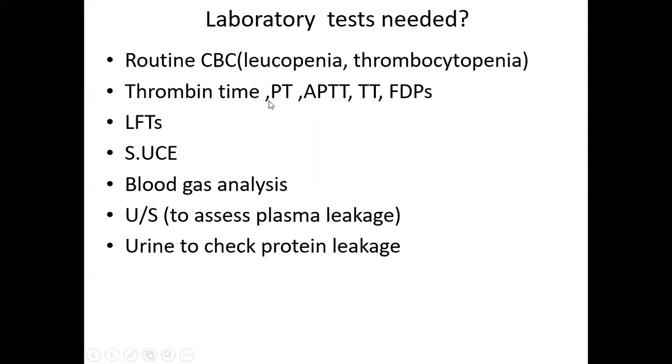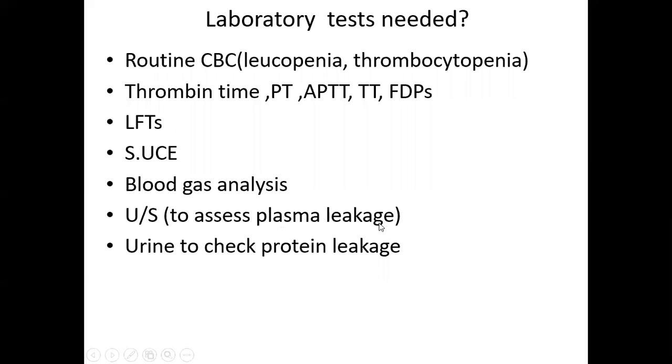So these are the different parameters by which bleeding is assessed: PT, APTT, TT, and FDPs. The LFT is also important and is to be seen by the consultants. Urea, creatinine, electrolytes, and blood gas analysis are also performed.